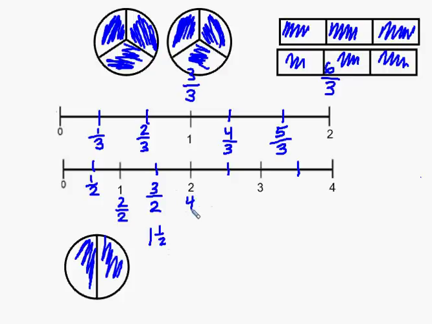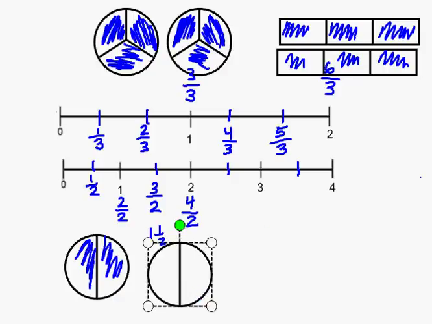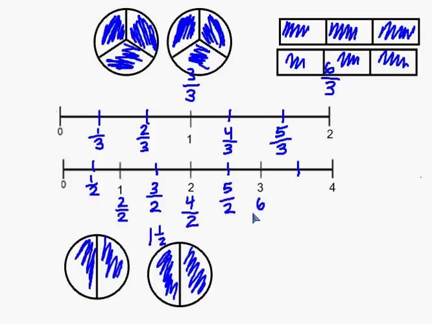This would be 4/2. 1/2, 2/2, 3/2, 4/2, 5/2, 6/2, 7/2, 8/2. That's how you label fractions on a number line.